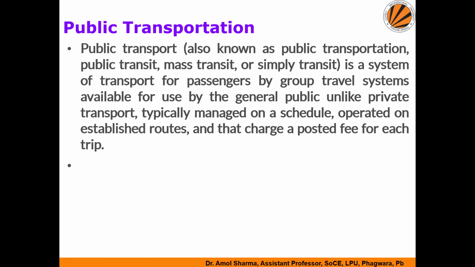It is built in order to cater to the transportation needs of all the passengers commuting inside that urbanized area. And these networks typically run on a fixed schedule, operating on established routes, and a very nominal charge is generally paid for each trip. Now, this is the basic definition of public transportation.